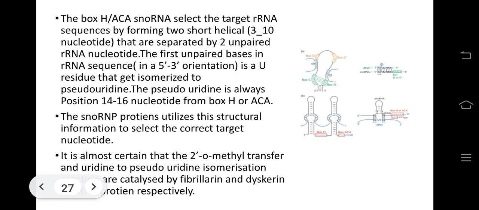The snoRNP protein utilizes this structural information to select the correct target nucleotide. It is almost certain that the 2'-O-methyl transfer and uridine to pseudouridine isomerization reactions are catalyzed by fibrillarin and dyskerin snoRNP proteins respectively.